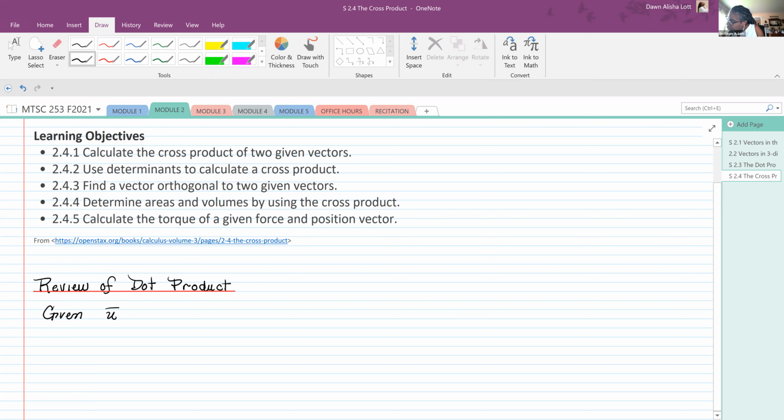vector u, and u is going to be u1, u2, u3, and a vector v, and v is going to be v1, v2, v3. And so the dot product, u dot v, now notice u and v are vectors.